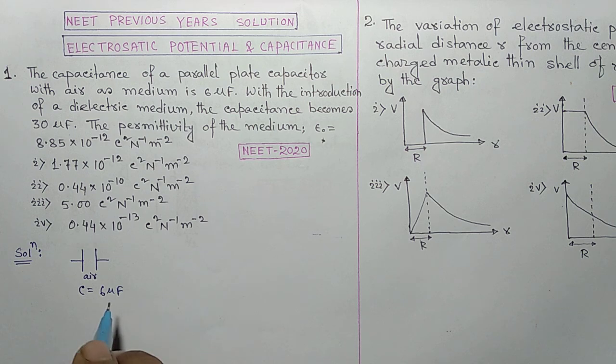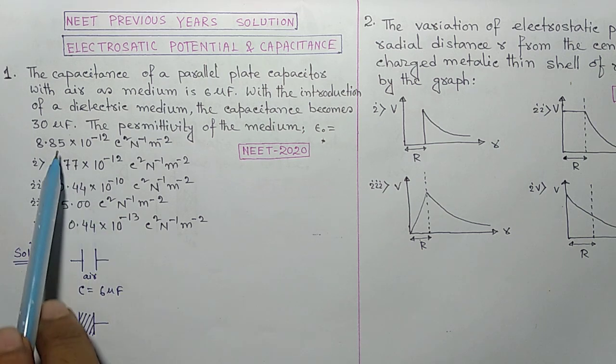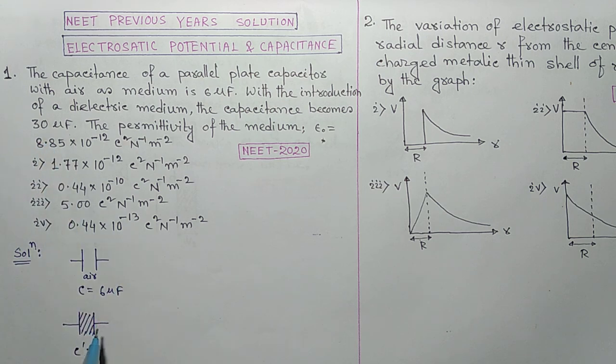Now, if we put a dielectric in between it, its capacitance will be considered C dash. C dash is also given in the question, it is 30 microfarad.